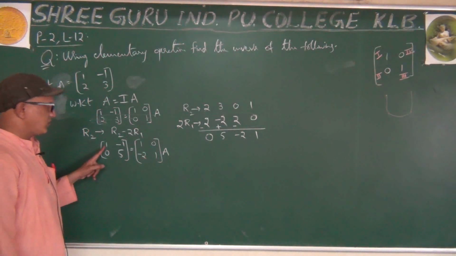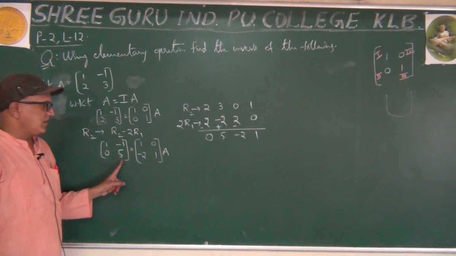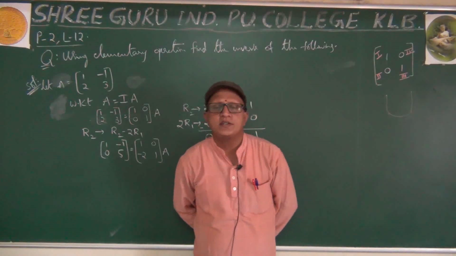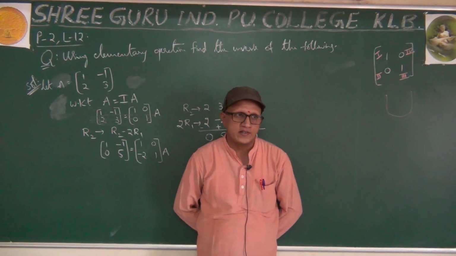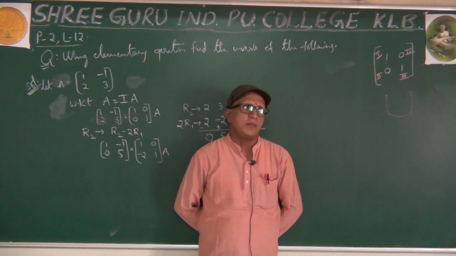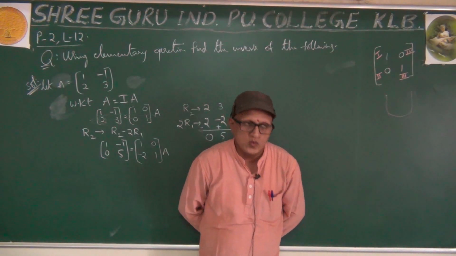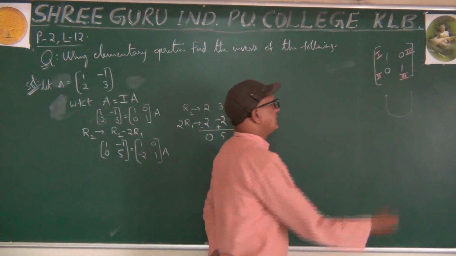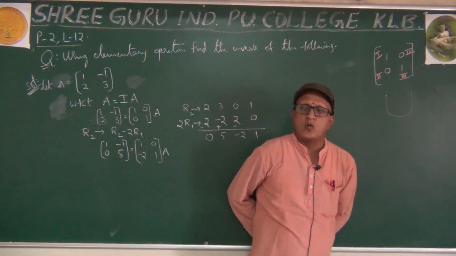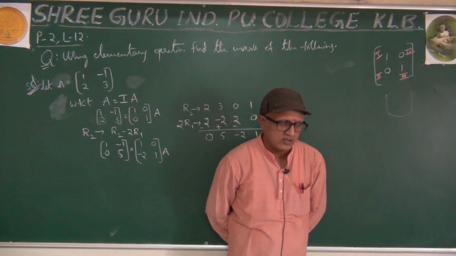Right? Next. First Roman letter 1. Second Roman letter 0. Third Roman letter 1. It may be a row operation or it may be a column operation.